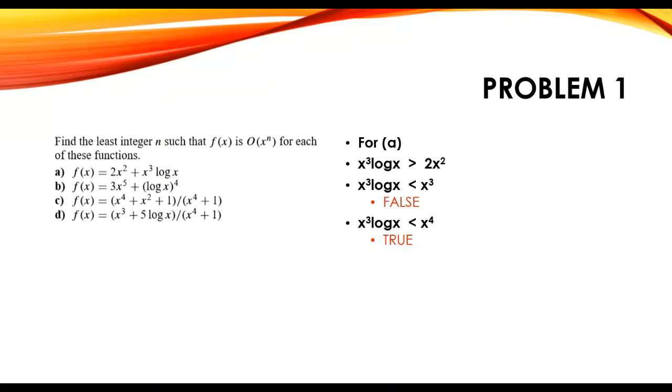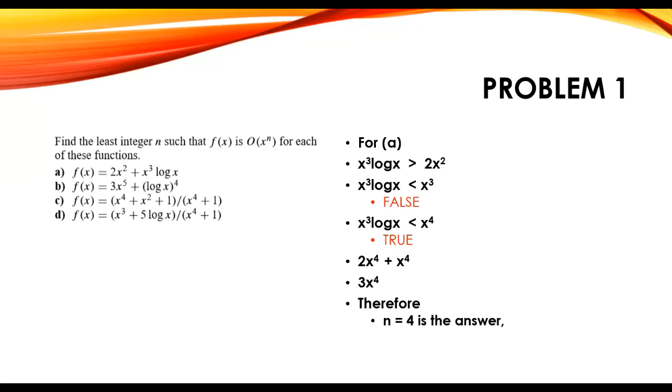All x raised to something smaller will be replaced by x to the fourth, same as with the first term. So now we have 2x to the fourth plus x to the fourth, and adding, we have 3x to the fourth. Based on this simplified equation, n will be 4, since it's the exponent of x.